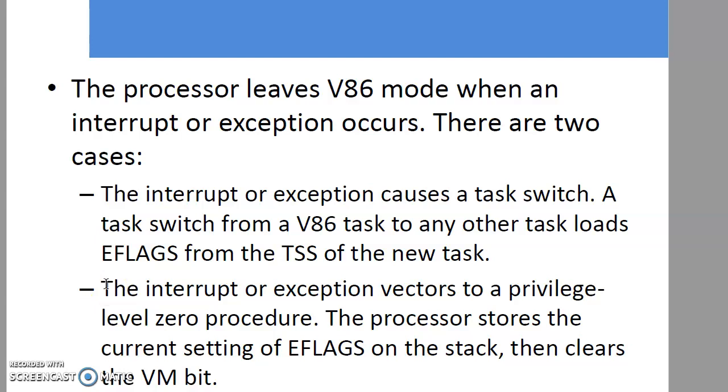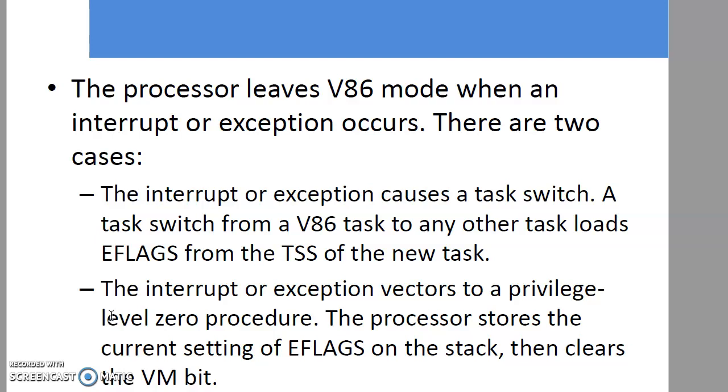So using interrupt or exception, we can switch from virtual 86 mode to protected mode by clearing the VM bit. The second method is that the interrupt or exception vectors to a privilege level 0 procedure. The processor stores the current setting of the E flag on the stack and then clears the VM bit.